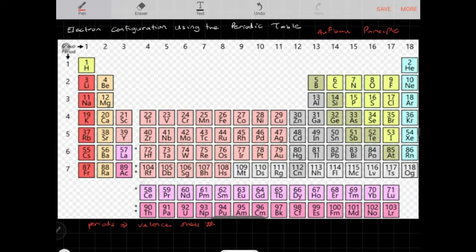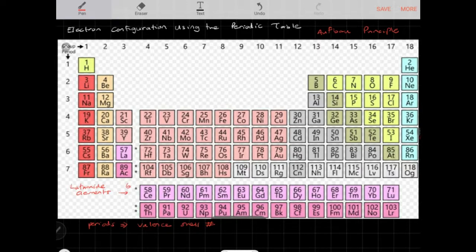Also, you can see that there's a table here, right? If we look at period 6, we have cesium, barium, lanthanum, and then the lanthanide elements, because it goes 57, then 58 to 71. These are the lanthanide elements, and this is still going to have a valence shell of 6.